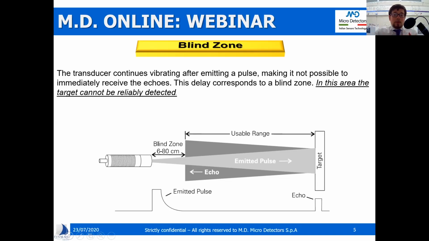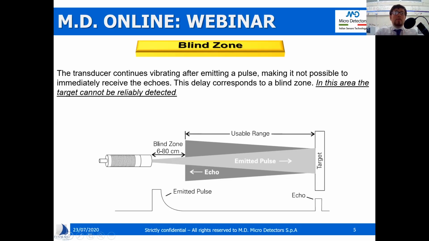But it continues vibrating for a certain time lapse. During this time lapse, it is impossible for the sensor to catch any kind of echoes. It is physically translated into a minimum distance within which it is not possible to catch anything. So please, when designing your application, take into account this fact.